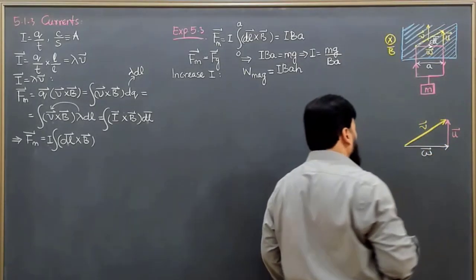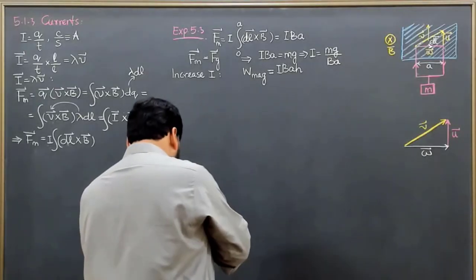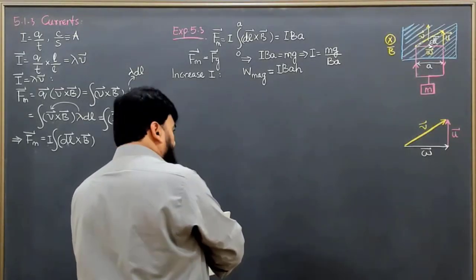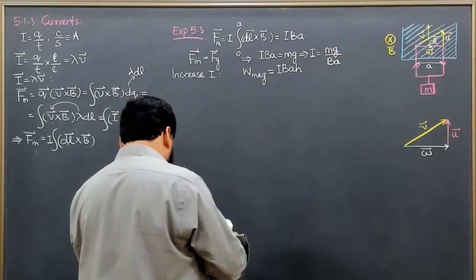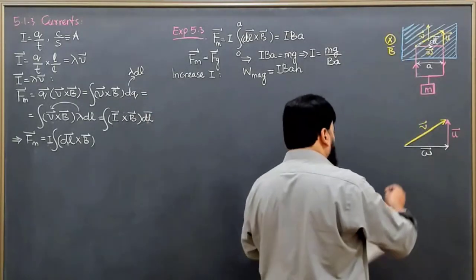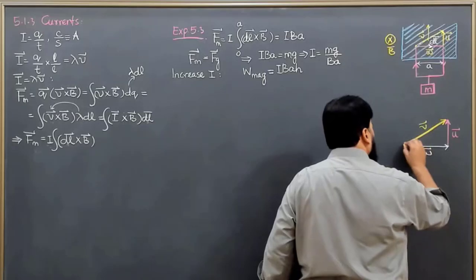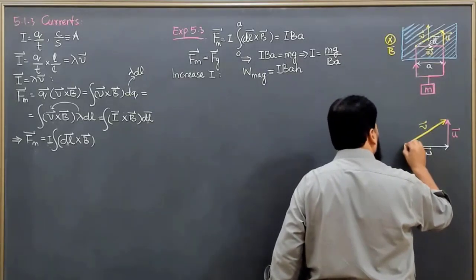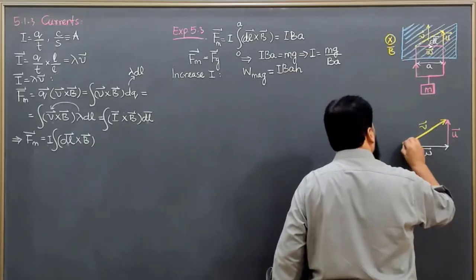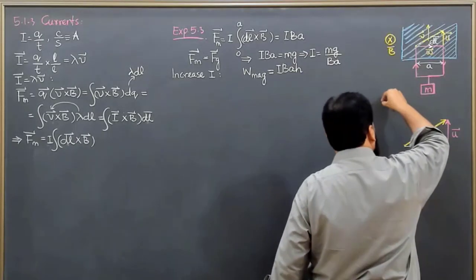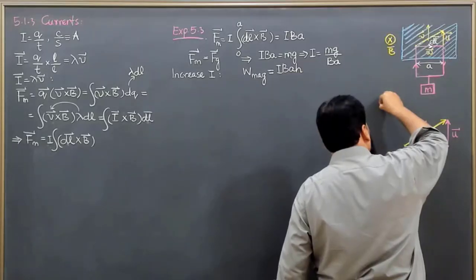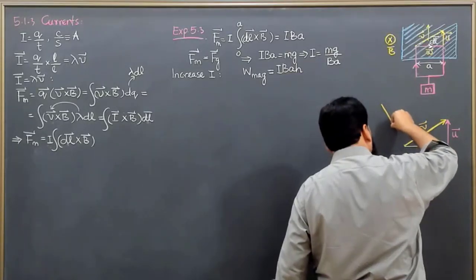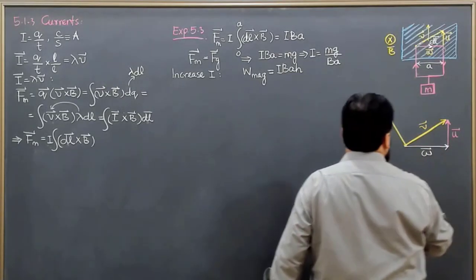This is v. Now what about their respective work done? When this is v, the magnetic force will be perpendicular to it, something like this.